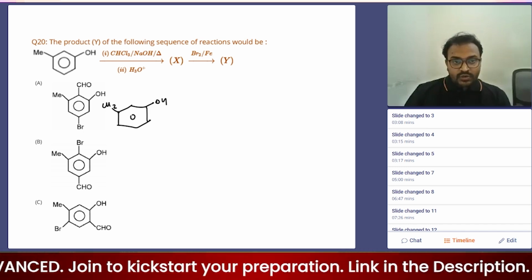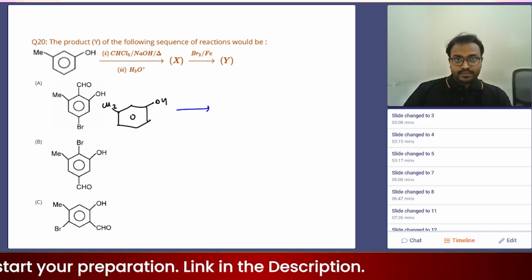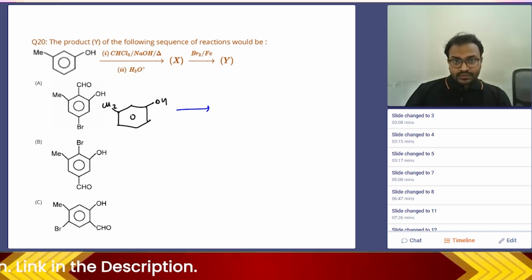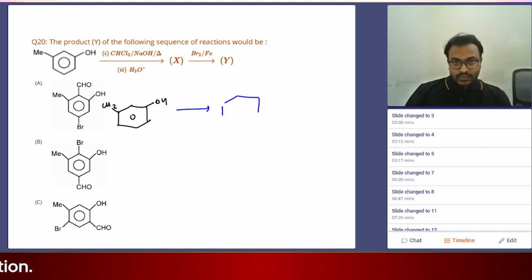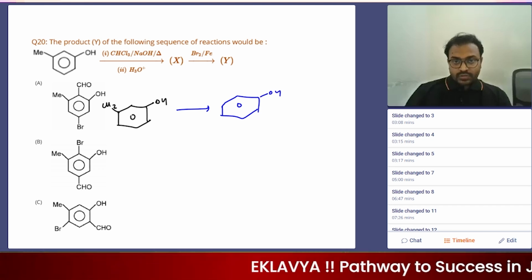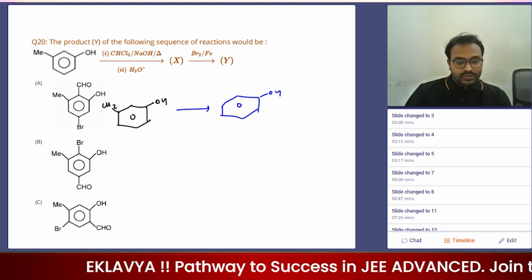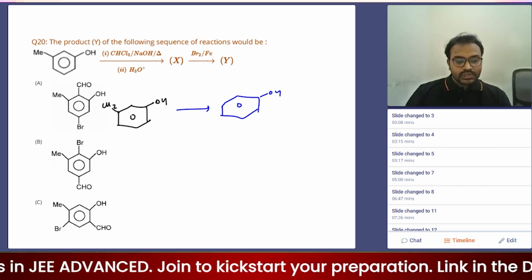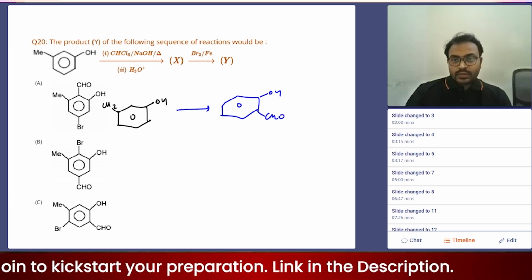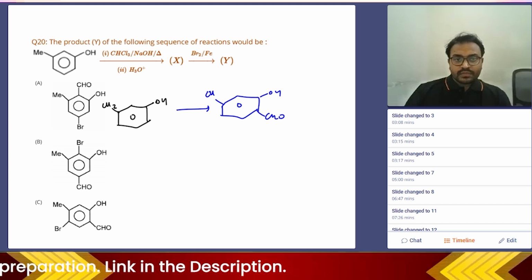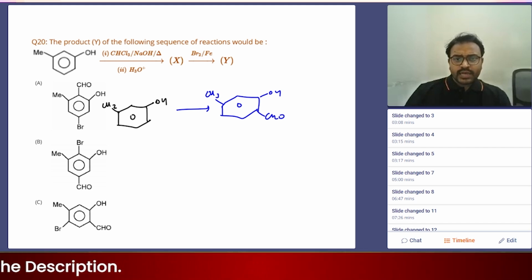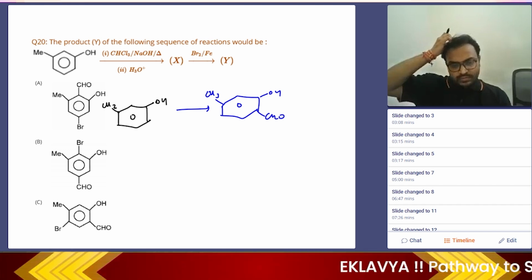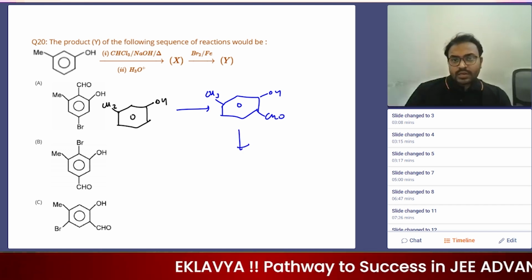Here we have methyl group CH3. At ortho position with respect to this group, CHO will come, right? So CHO will come, here methyl group present, right? Now this is Reimer-Tiemann.